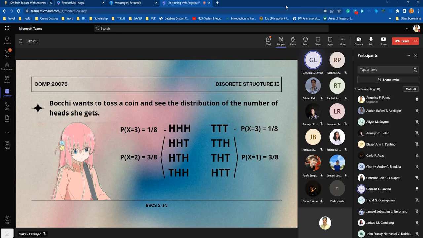And lastly, yung ating no heads, which is yung TTT, probability of 0 heads will also equal 1/8, roughly 12.5%. So our distribution of random variable would be displayed like this.